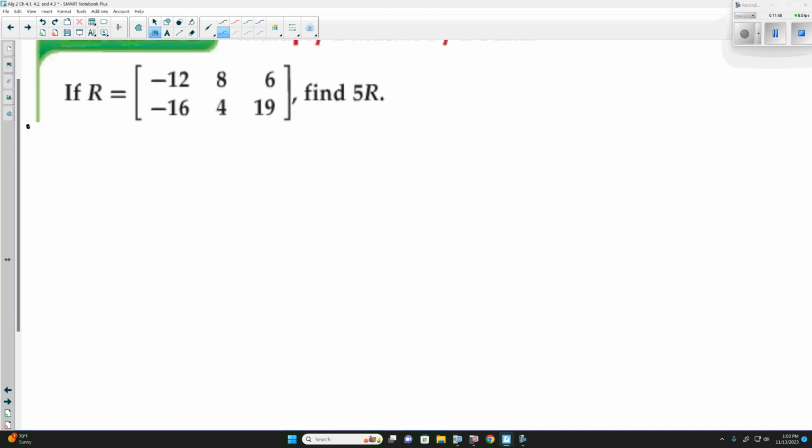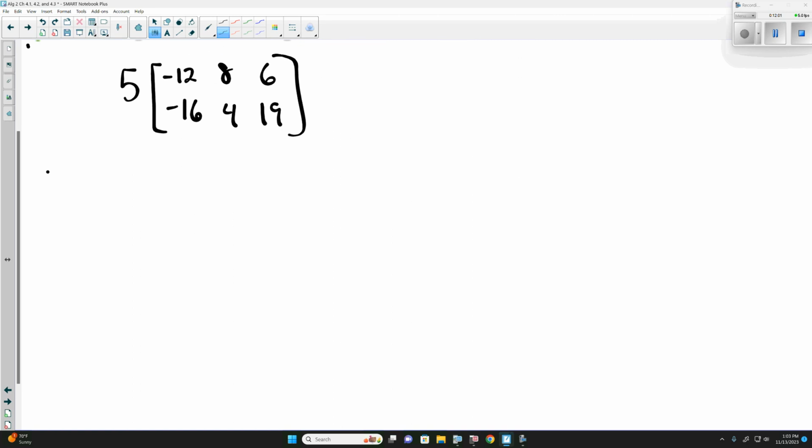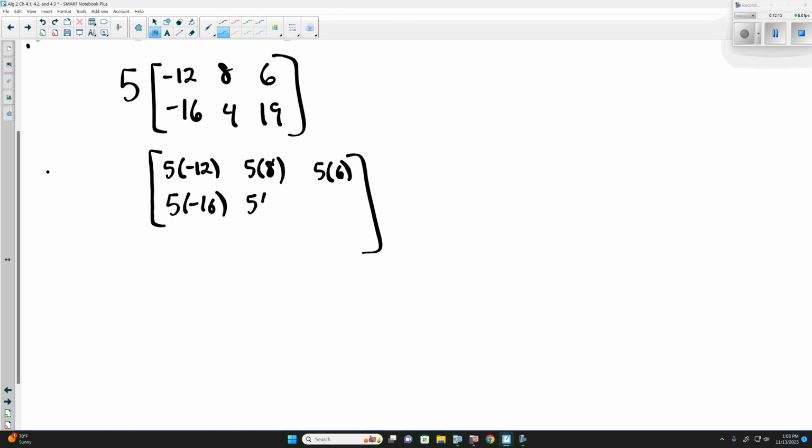Matrix, multiplying by a scalar. When we multiply a matrix by a scalar, we're going to multiply everything inside the matrix by said scalar. So here we're going to multiply each of the elements by 5. So we do 5 times -12, 5 times 8, 5 times 6, 5 times -16, 5 times 4, and 5 times 19.